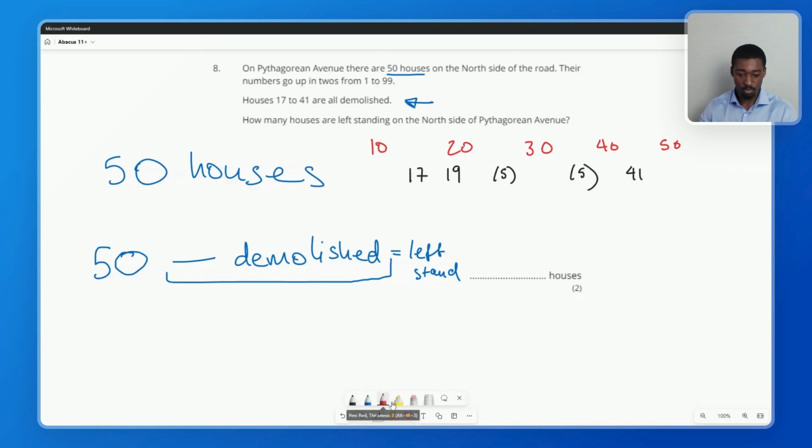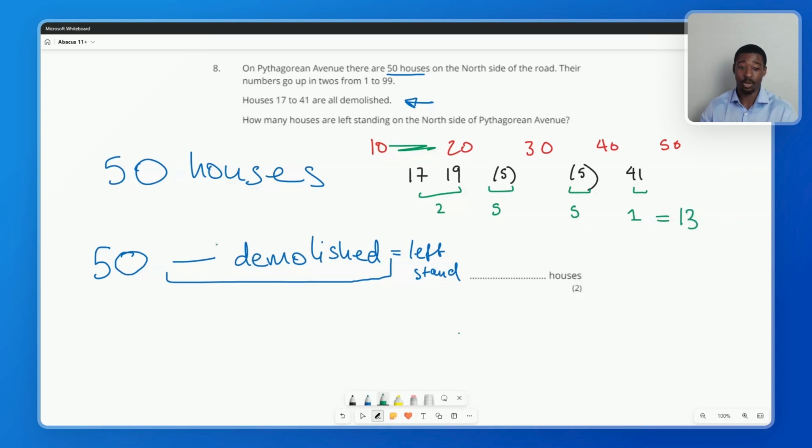So altogether, let's put it in a different color, let's say green. We have 2 houses demolished in this bracket, 5 houses here, 5 houses here, and then 1 house here. So altogether, the number of houses demolished is 2 plus 5, 7, plus 5, 12, plus 1, 13.